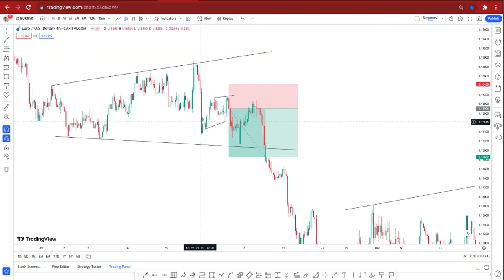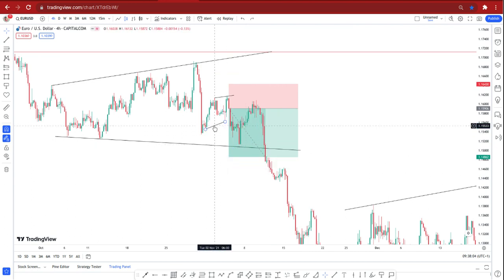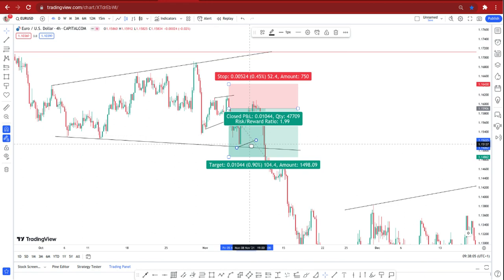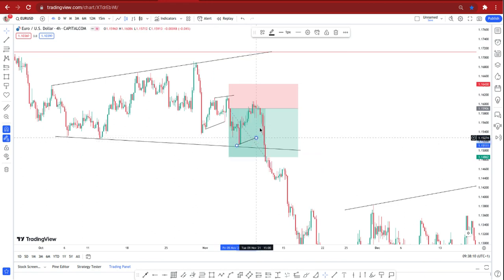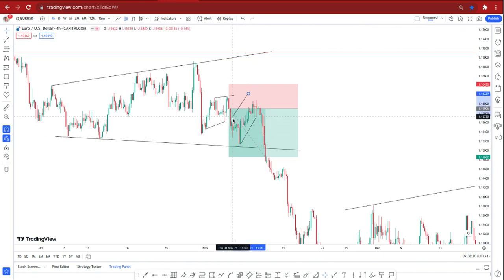See that? Now this is another entry, but I probably won't go in on this entry. I'm just being real. I'll probably not go in on this entry here, because I'll still be waiting for this to put me in profit so that I can lock my profit. So this seems to be where it started.